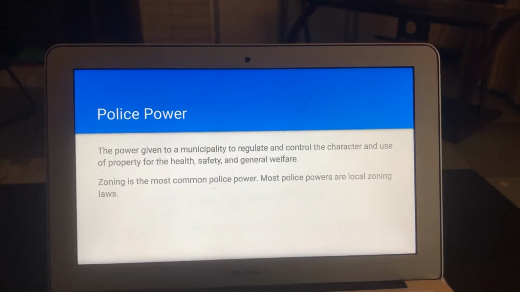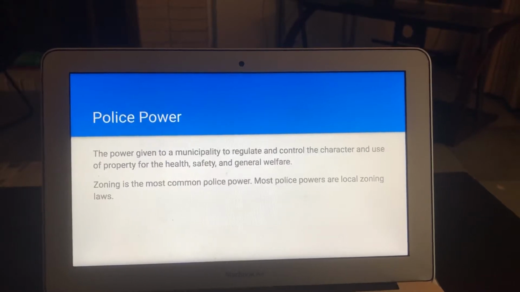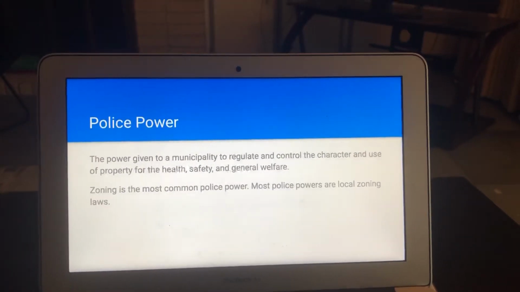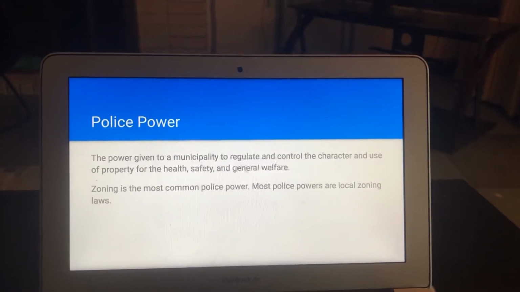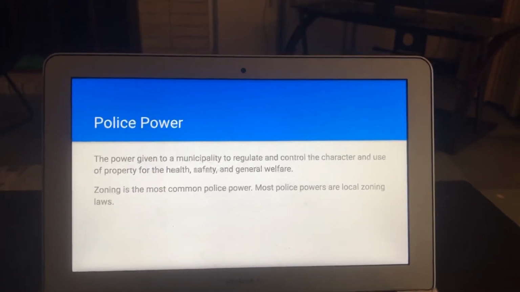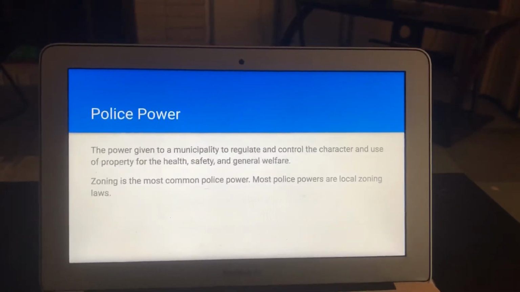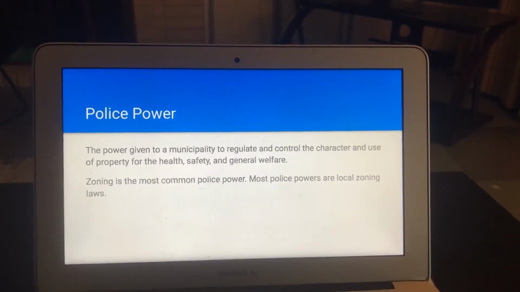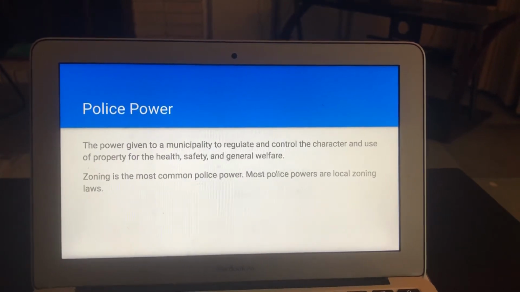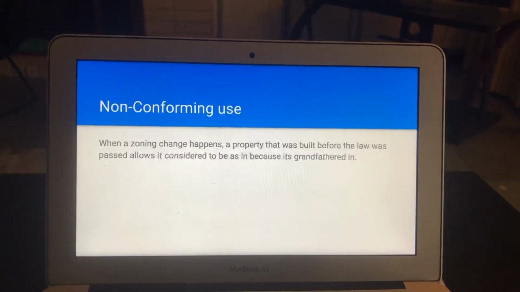Police power is the power given to a municipality to regulate and control the character and use of property for the health, safety, and general welfare. When it says municipality, that's pretty much like the city, state government, more so the city government. Zoning is the most common police power. Most police powers are local zoning laws.